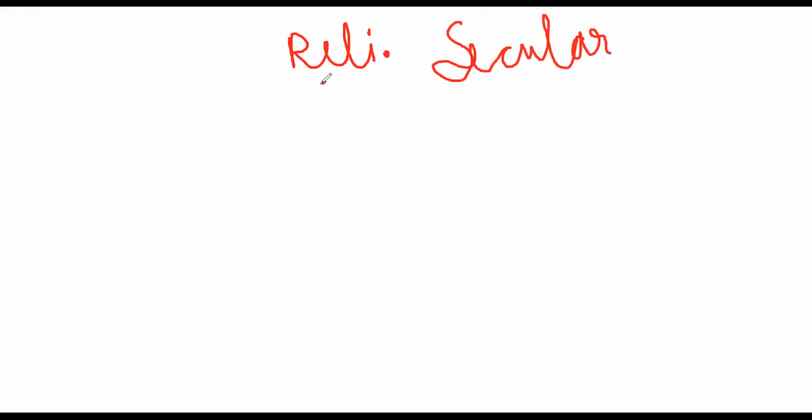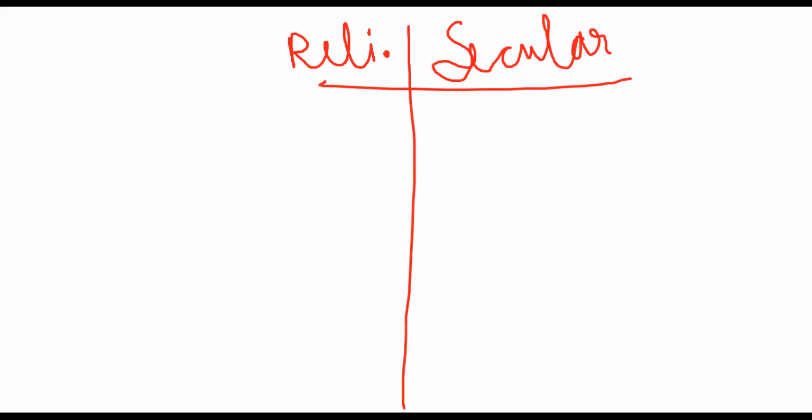Yeah, I have my whiteboard in front of me, and I'm going to explain what is religious and the different thing which is secular. I'm writing religious, and I'm writing secular. What is the difference between religious and secular? Just make a line in between.